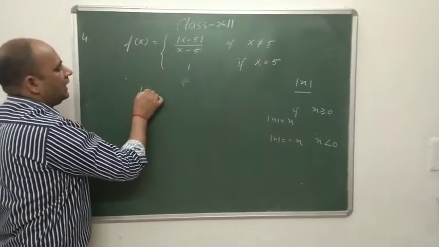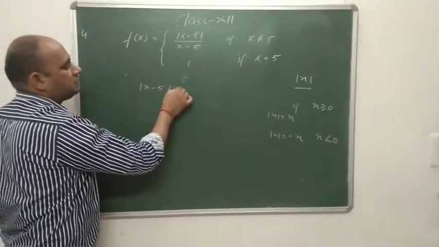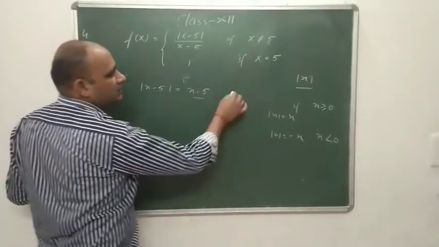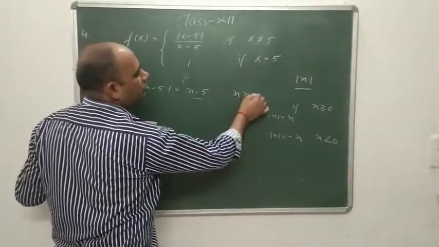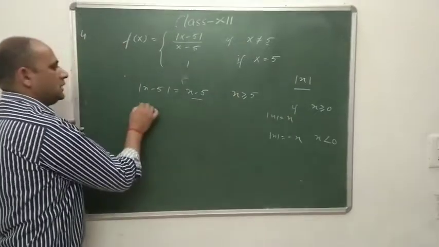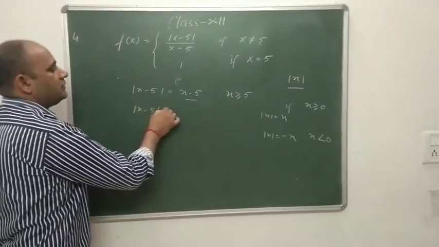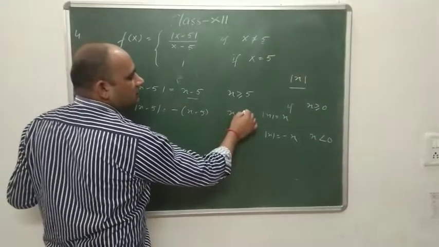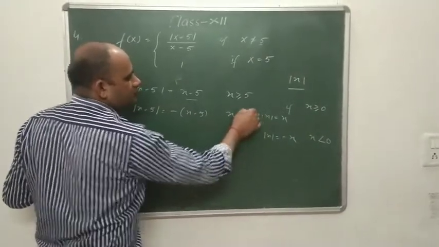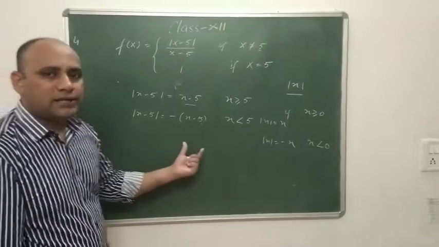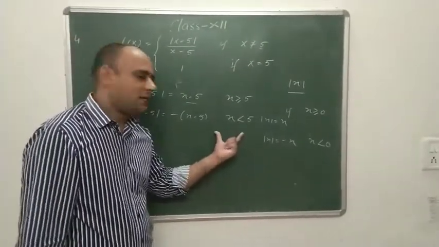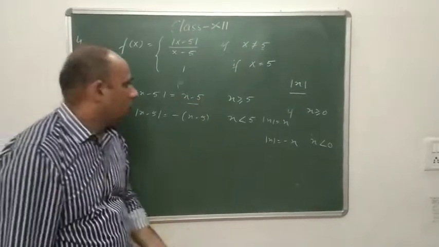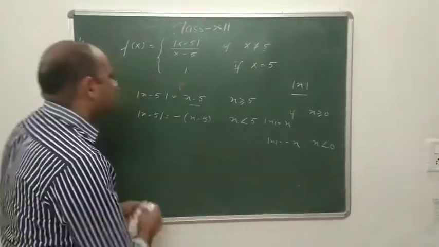Modulus x minus 5 is positive when x is greater than or equal to 5, and negative when x is less than 5. So we will change it.